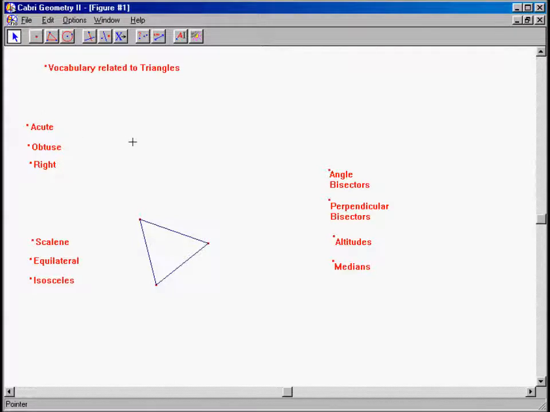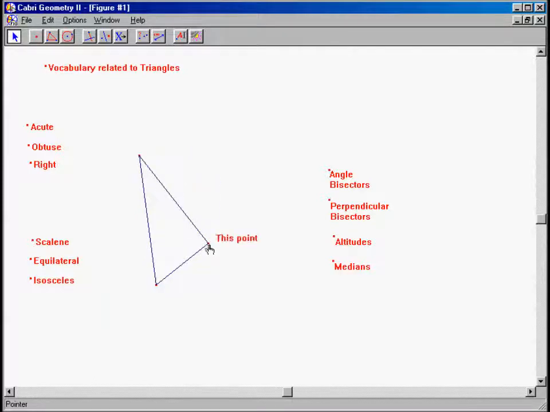Obtuse. I've heard some teachers, not me, talk about obtuse as being, he's very obtuse. Really, that means he's not understanding, but it almost sounds like obese. An obtuse triangle has one angle that is bigger than 90.